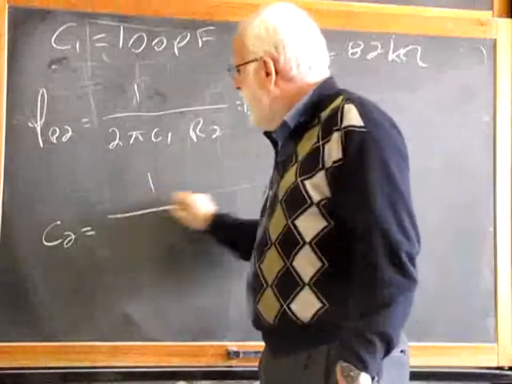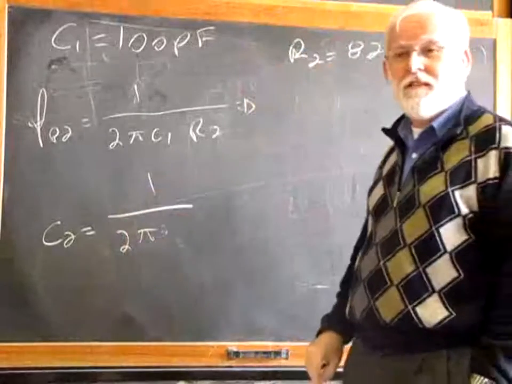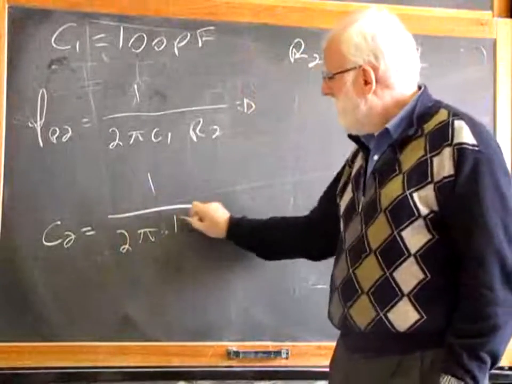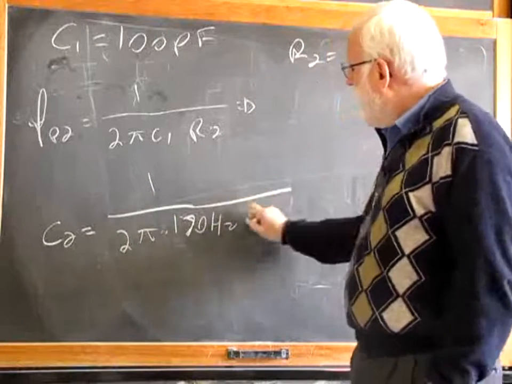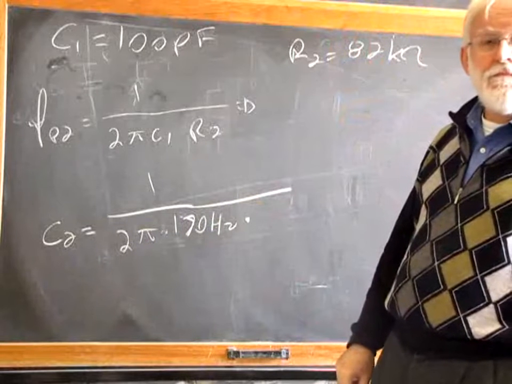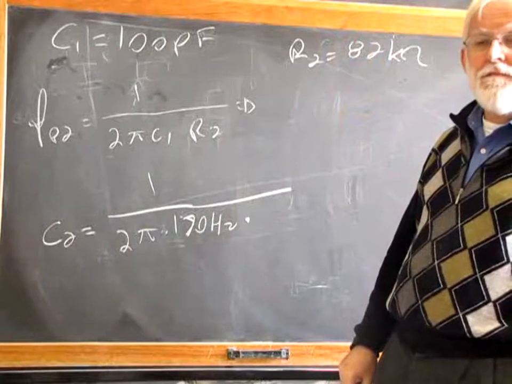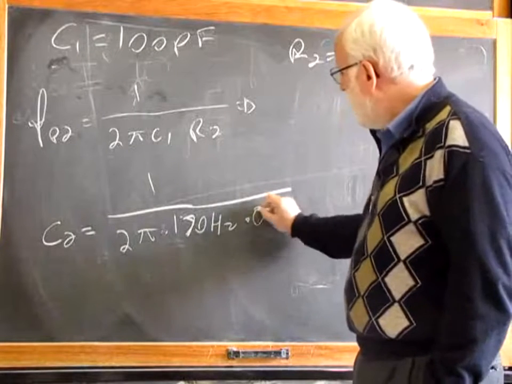C2 is equal to 1 over 2 pi times the frequency of the first zero, that is 170 hertz, times R2, 82 kilo ohms.